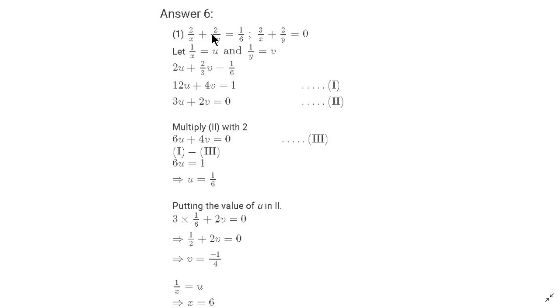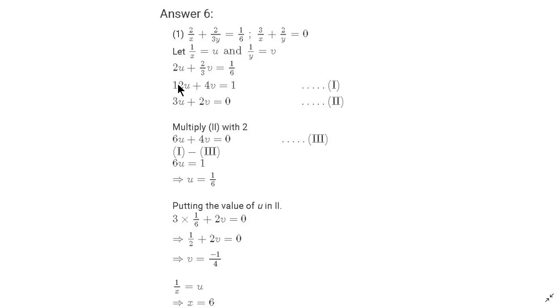2 into u and 2 by 3 into v is equal to 1 upon 6. Similarly, in this case, 3 into u plus 2 into v is equal to 0. The first equation is simplified: we just multiplied it by 6 to get it in a simpler format, because the fractions can make it harder to solve.